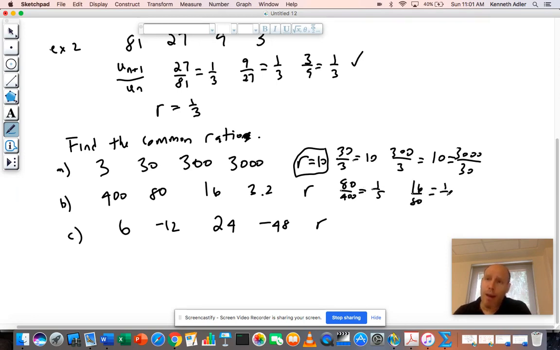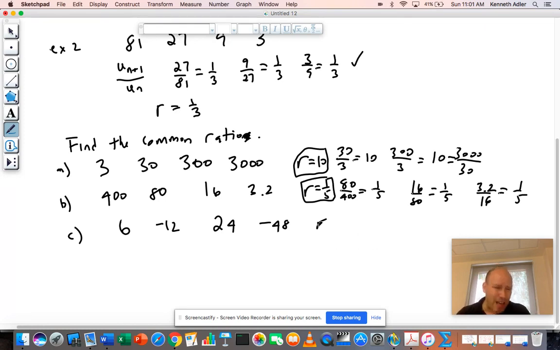My calculator tells me that's also 1/5. And then 3.2 over 16. By hand, I don't want to calculate division of decimals, but you don't have to. Put it in your calculator. You know what you got? 1/5. The common ratio for this geometric sequence is 1/5.